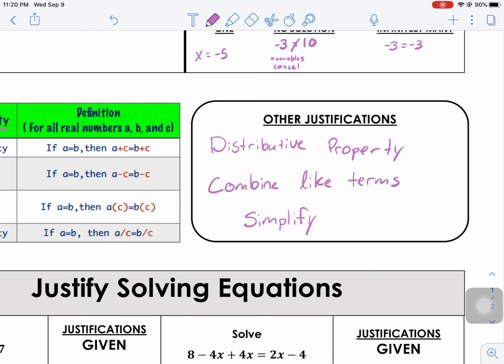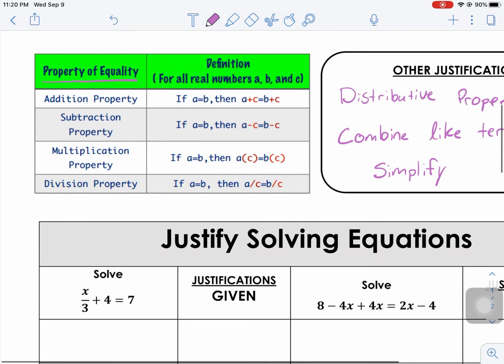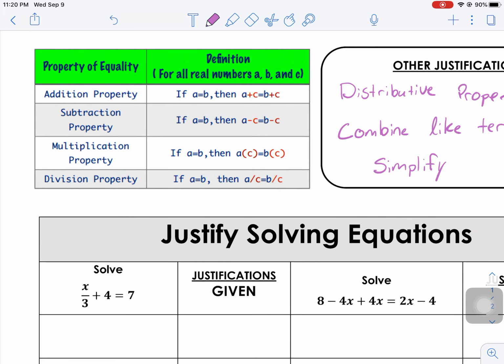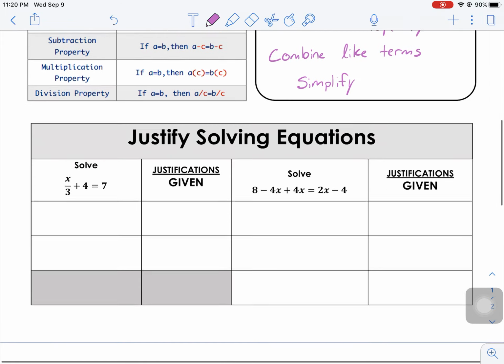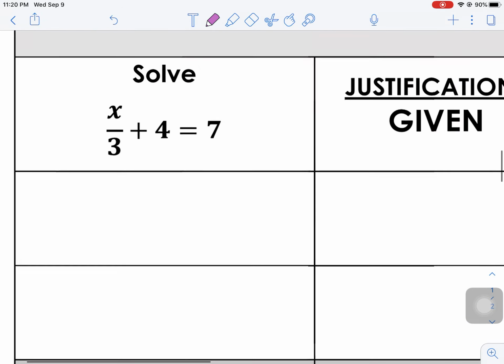So those are some other justifications. On our next test, I believe it would be a drop-down menu, so you don't necessarily need to memorize the property name exactly, okay, but it's good to know. So, let's do this first one.